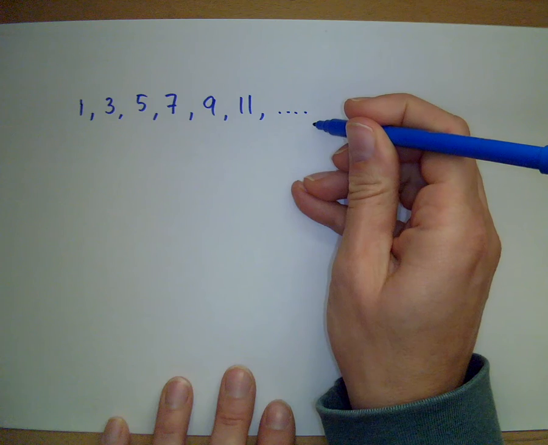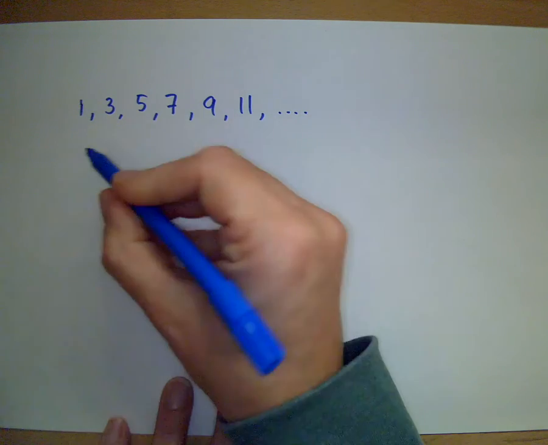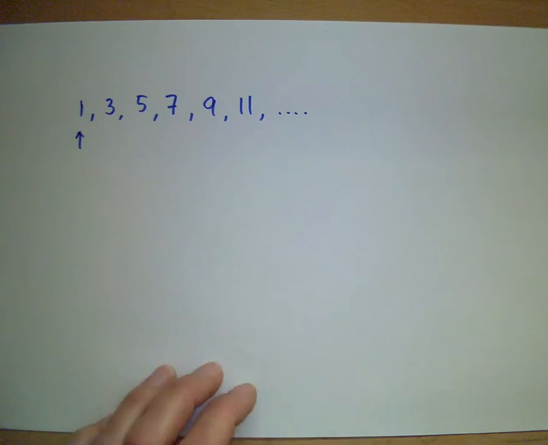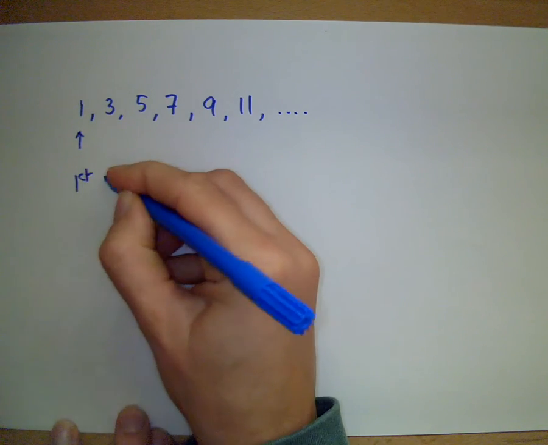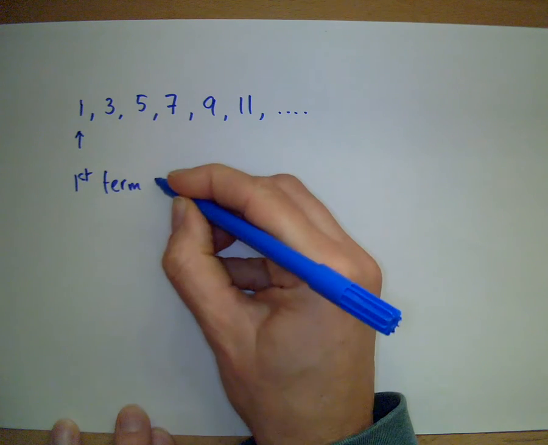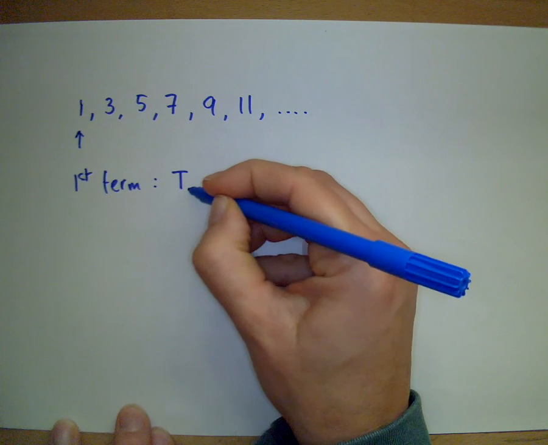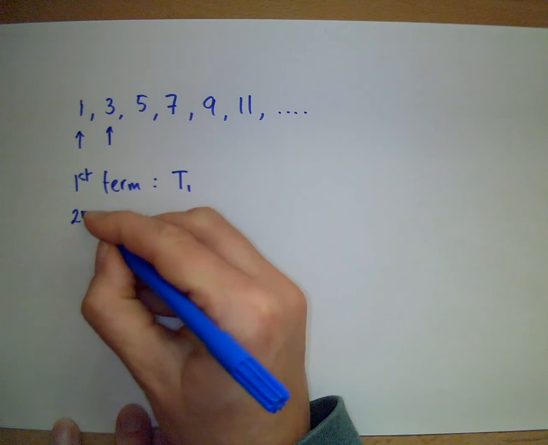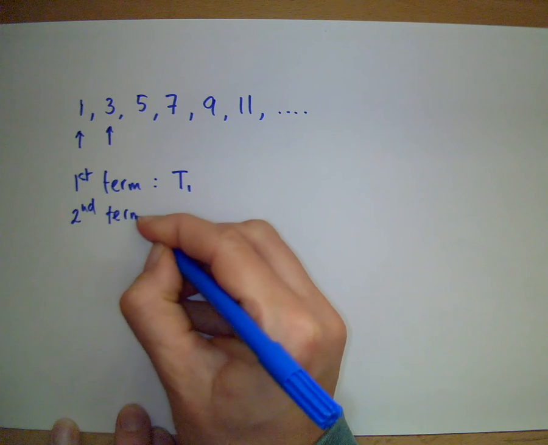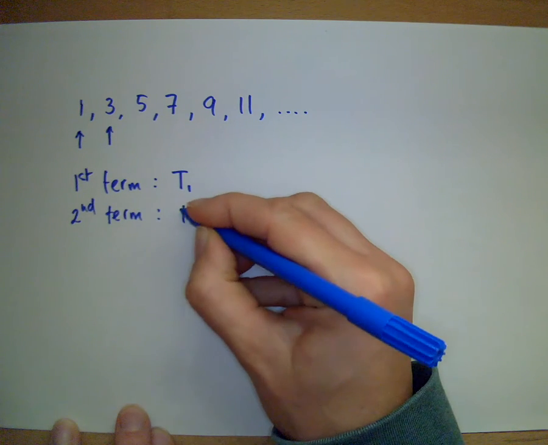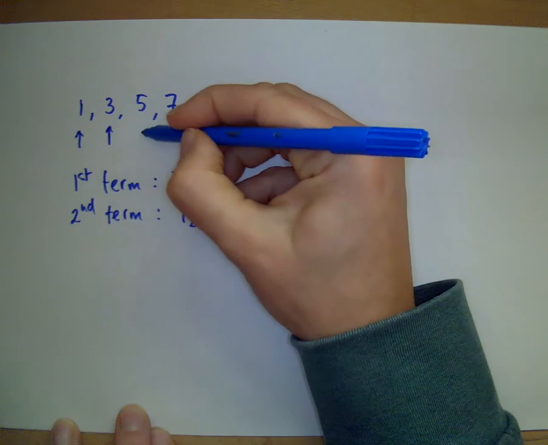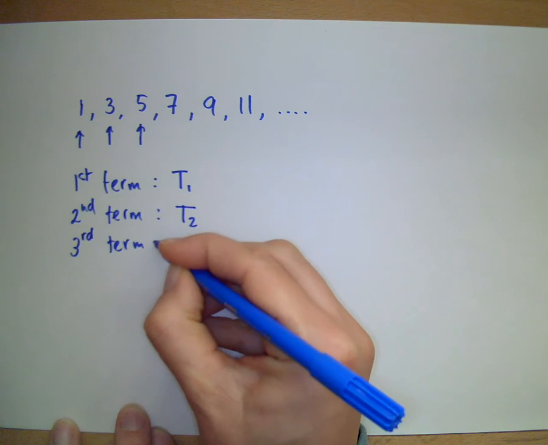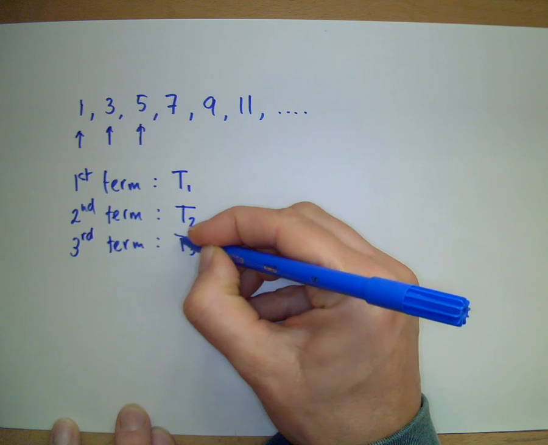All right. We need to name these terms. If we talk about this term, we could call it the first term, or we could just write T1, term 1. This is our second term. We could say second term, but we could also write T2. This one, third term, T3.